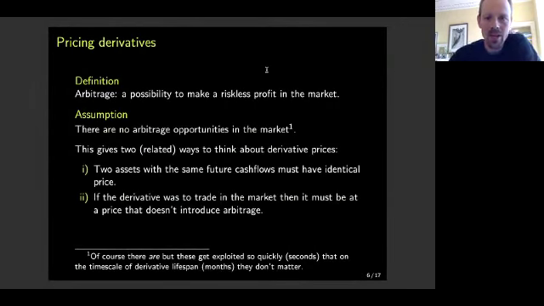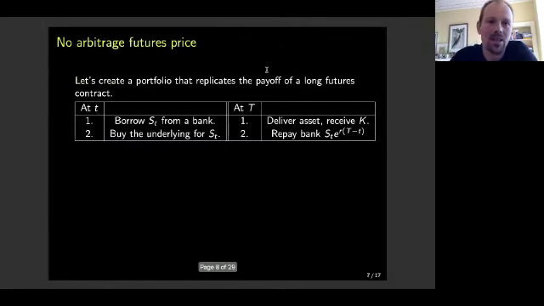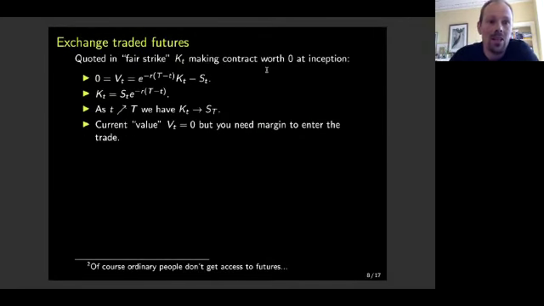Right, so let me carry on. If you were to trade futures on an exchange, the price you would see on a futures exchange is this fair strike, which always makes entering the contract worth 0 when you enter it. And it's given through this formula.